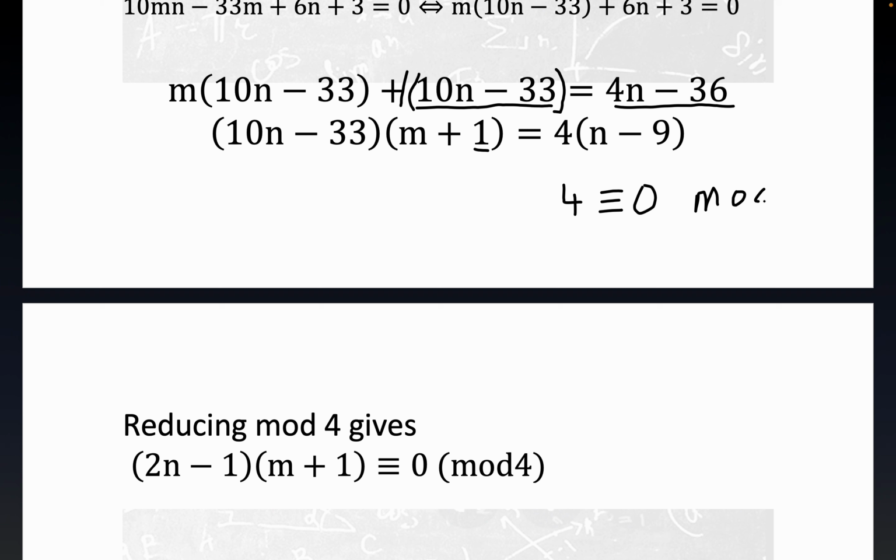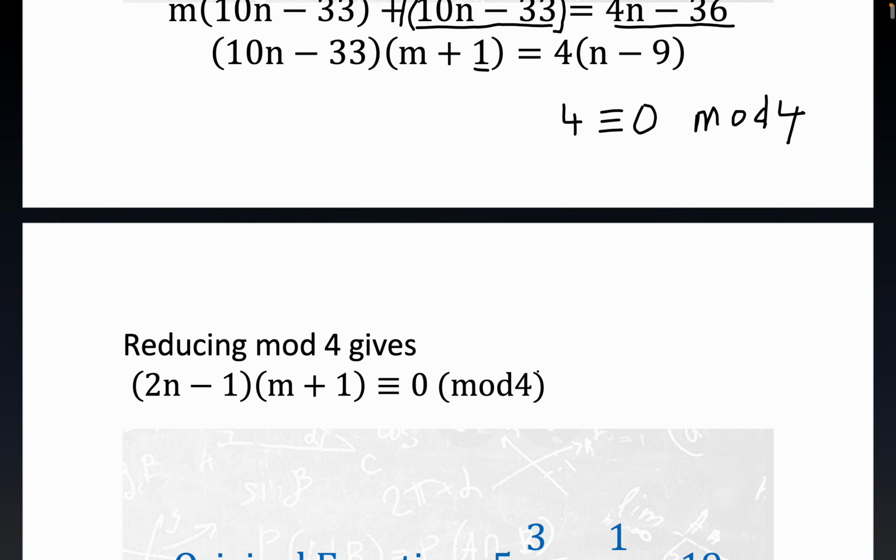Okay, now that leads to some nice simplification right here. Notice what happens. This 33 reduces to 1 mod 4, and 10 reduces to 2 mod 4. So 10 is equal to 2 times 4 plus 2. That's why that happens. And again, this right-hand side, because of this constant 4, is just congruent to 0.